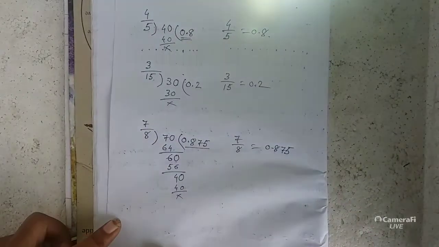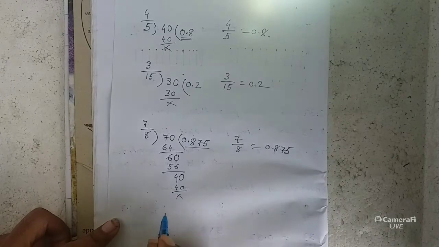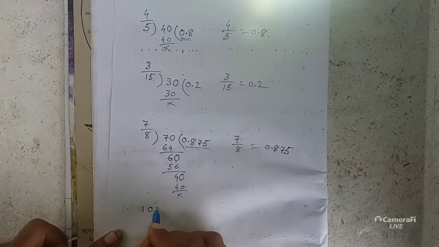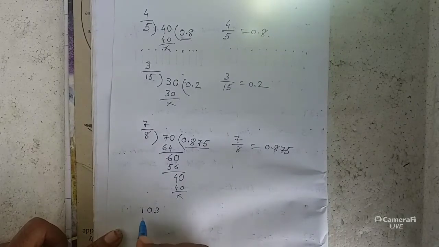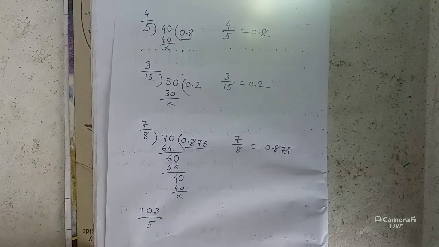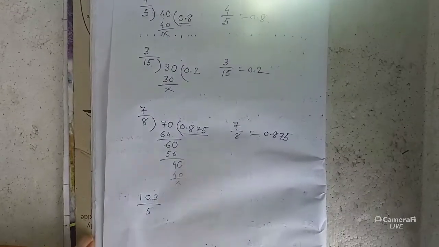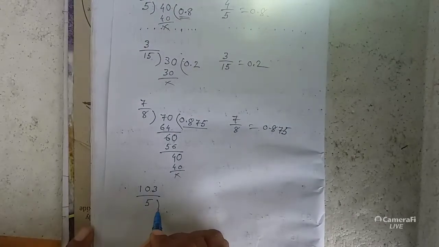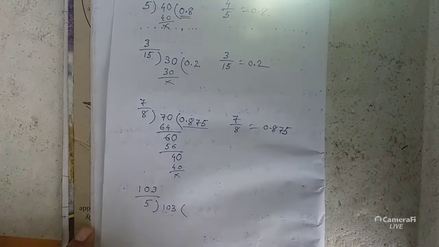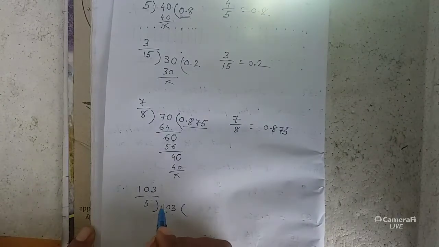Okay. Now, suppose the number is 103 by 5. We have to convert it into decimal. So, let us divide the numerator by the denominator. 5 2s are 10, here 103 is there.